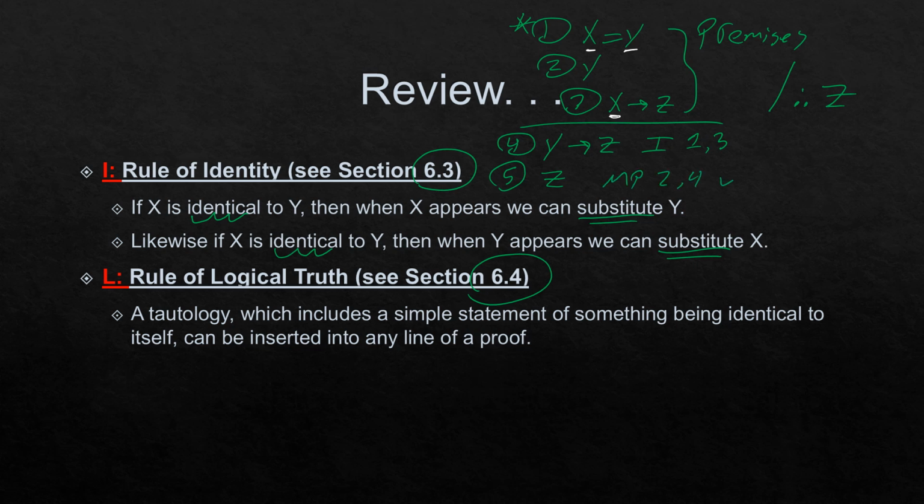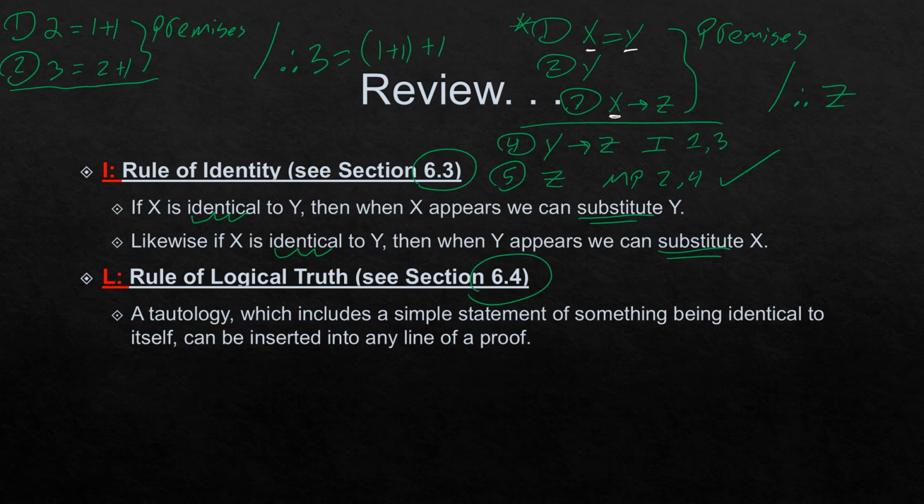Here's another example. Let's say we're given that 2 is equal to 1 plus 1, and we're given that 3 is equal to 2 plus 1. These are our premises, and we want to prove that 3 is equal to the quantity 1 plus 1 plus 1.